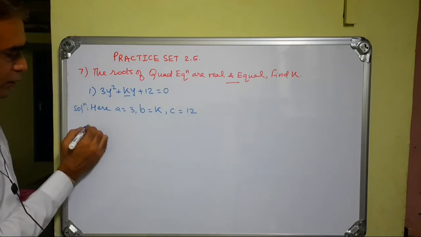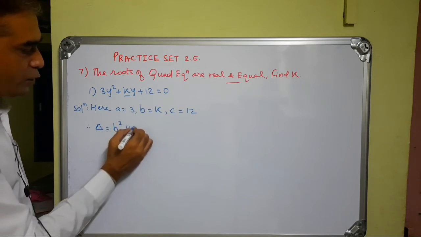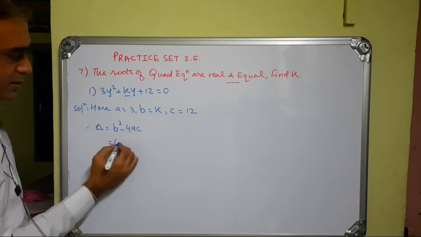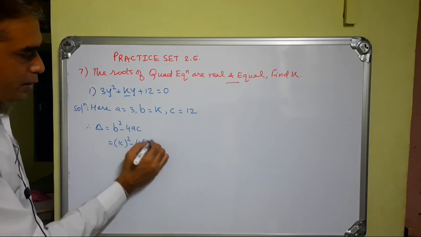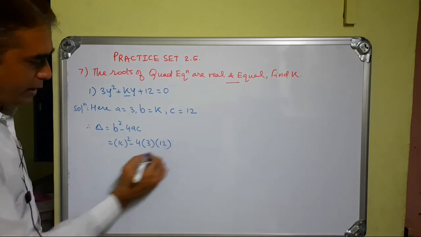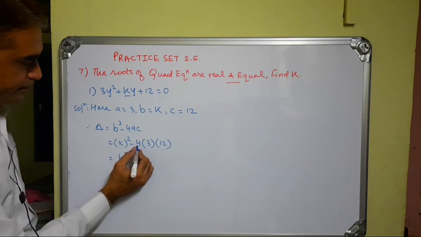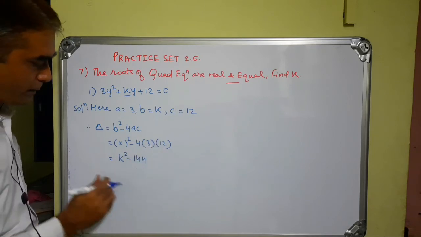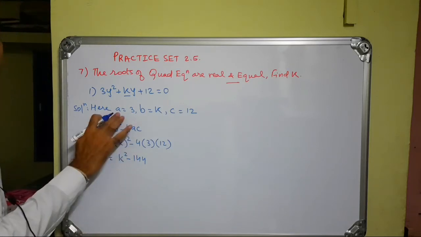Therefore delta, that is b square minus 4ac, is k square minus 4 into 3 into 12, which is k square minus 144. This is the value of discriminant as per this equation.